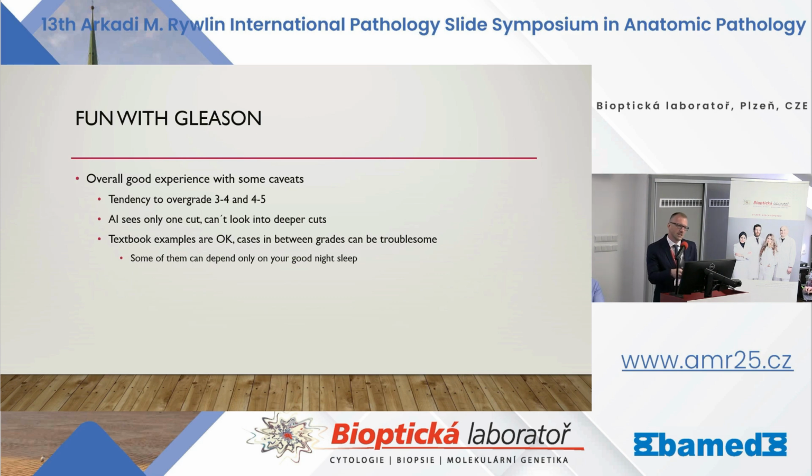We can look at deeper cuts, and we can imagine, oh, this is not really poorly differentiated, this is just the edge of a normal nice gland, so it's still 3+3. But AI sees only the one picture, can't put together any other deeper cuts, and it really doesn't even see cells or glands, it's just zeros and ones.